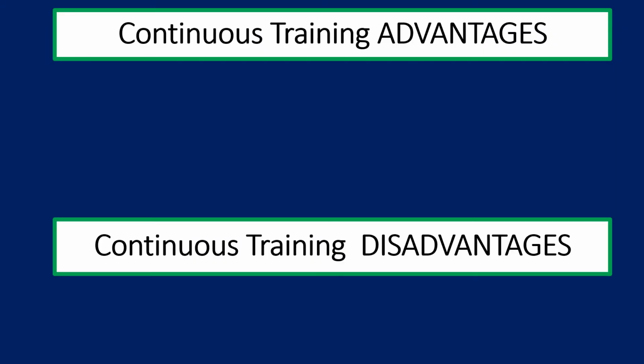I've got some advantages and disadvantages of continuous training that I just want to run through very quickly. Firstly, continuous training is a great way to improve your aerobic fitness or your cardiovascular fitness. If you are an athlete that is doing an endurance event like a marathon, like a cycle, continuous training will be the number one method of training for you to use.